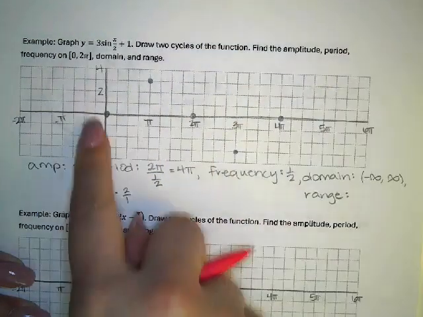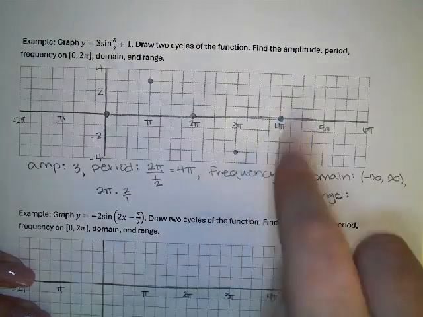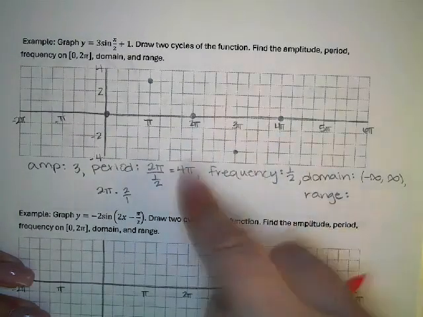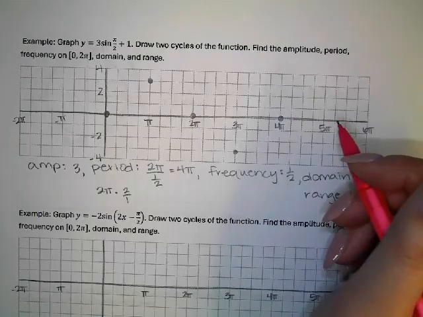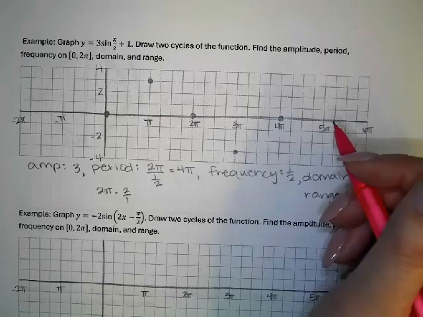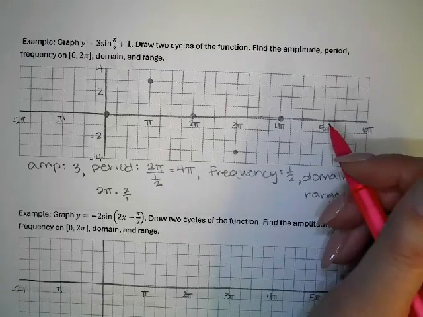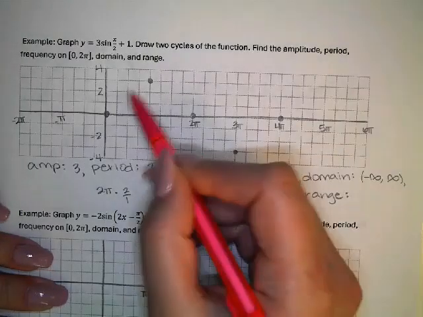And be careful when you're doing this because a lot of times 1 unit isn't necessarily 1 box. So be careful when you start to shift your graphs left or right, up or down, to know whatever number you're shifting it, how many boxes that should be on your graph paper. So here, shifting it up 1 is 1 box. And so that works out nicely for this problem.